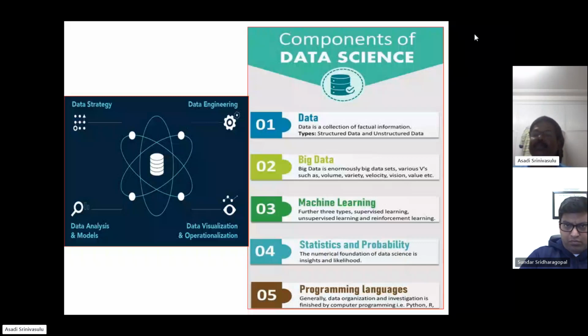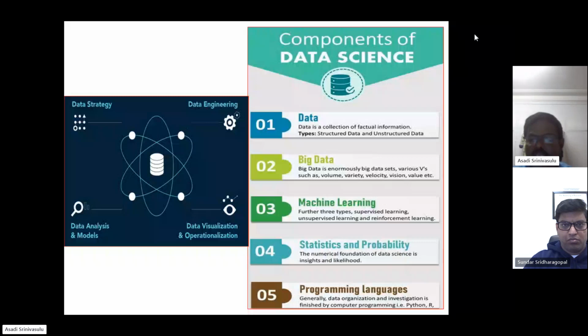For similarity measure, I'm using Euclidean distance, the distance between 2 points x1, y1 and x2, y2. The Euclidean distance formula is the square root of (x1 minus x2) whole square plus (y1 minus y2) whole square. So that is called unsupervised learning, called clustering. Then reinforcement learning is based on punishment and reward, and we are solving problems like game development applications. So there are various techniques we are using.